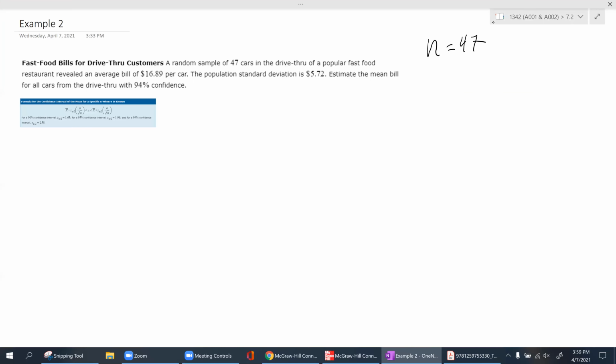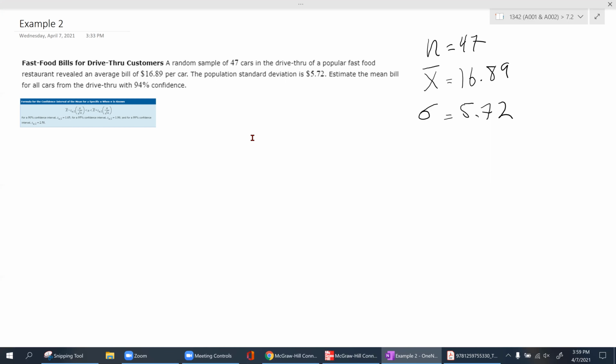Restaurants revealed an average bill of 16.89 per car, that's my average. The population standard deviation, my sigma, is a given. It's known: 5.72. Estimate the mean bill for all cars from the drive-through with a 94% confidence interval.